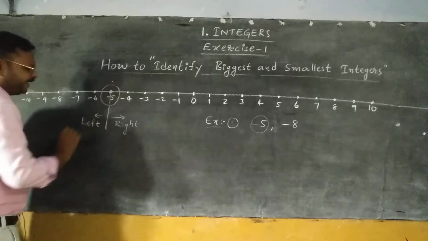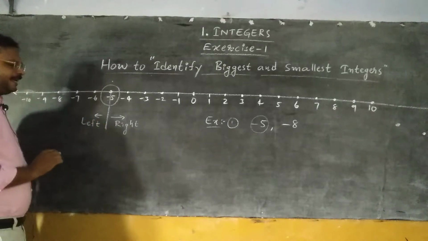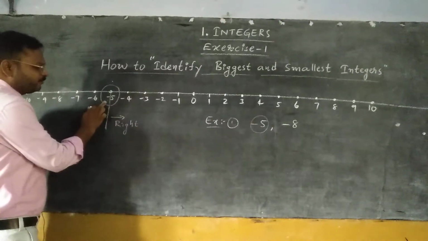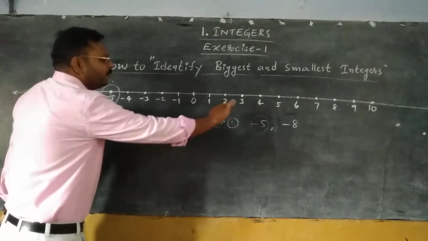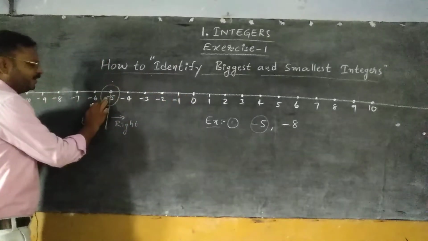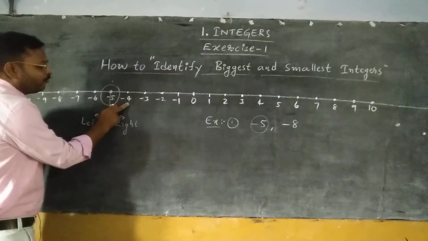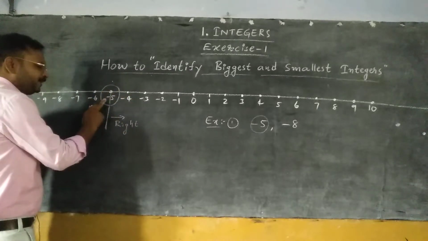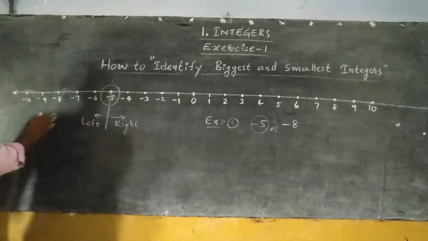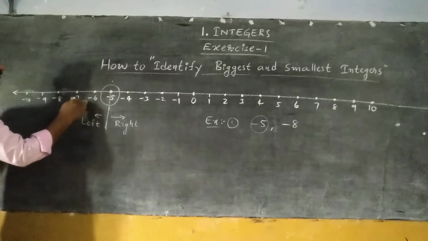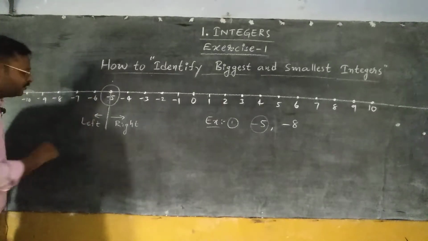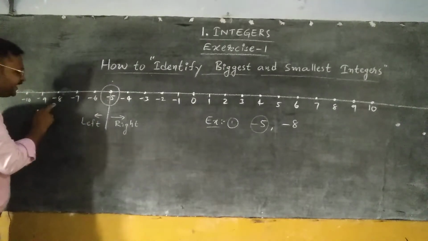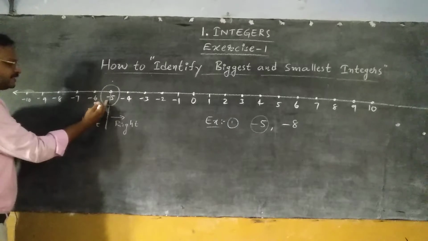Numbers to the right side of minus 5 are all bigger than minus 5. Minus 4 is bigger than minus 5, minus 3 is bigger than minus 5. In the left direction, minus 6 is smaller than minus 5, minus 7 is smaller than minus 5, and minus 8 is also smaller than minus 5.